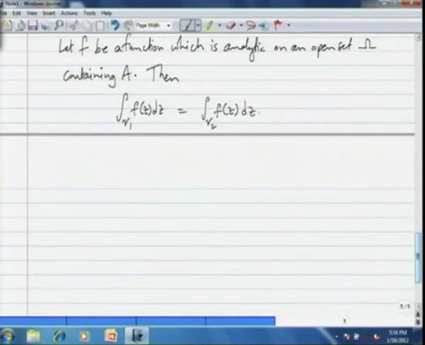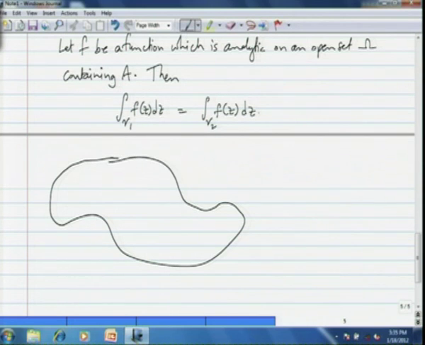So here is the schematic for this version of Cauchy's theorem. Suppose you have some simple closed curve gamma 1, oriented in the positive sense, and then there is yet another curve gamma 2 not intersecting gamma 1, and also gamma 2 is completely contained inside gamma 1. Both of them are oriented in the positive sense.